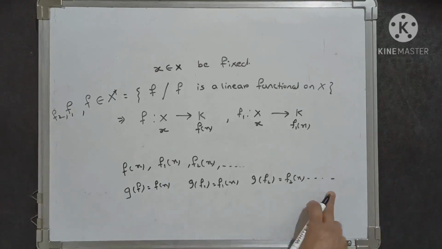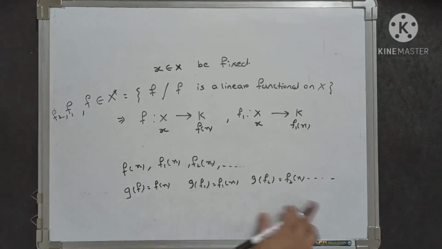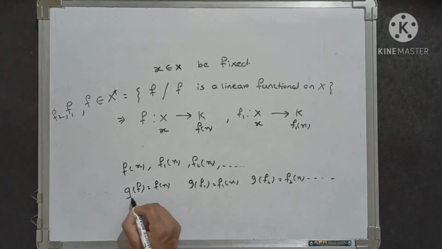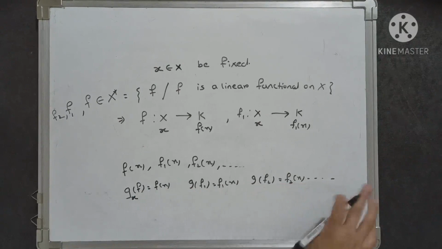Now here we observe that the point x is common to all these, and therefore we write this x in the subscript of g, because in all these the point x is fixed, and the variables are f, f1, f2 and so on, where each f is an element of x star.